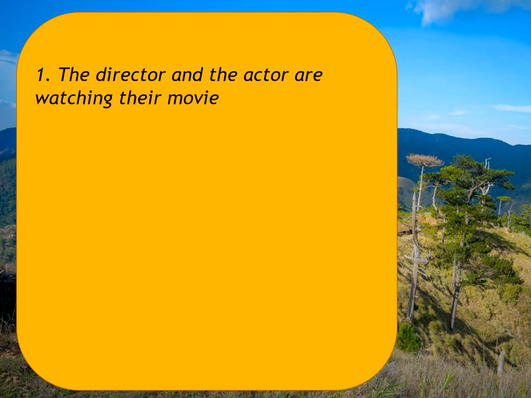For this activity, we have to make it slowly because you will be identifying the rules used for the sentences that I'll give. Number 1. The director and the actor are watching their movie preview. So what rule was used here?